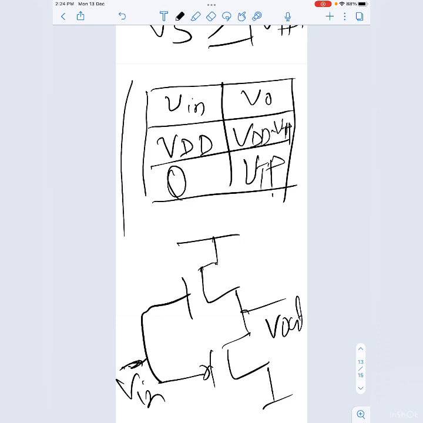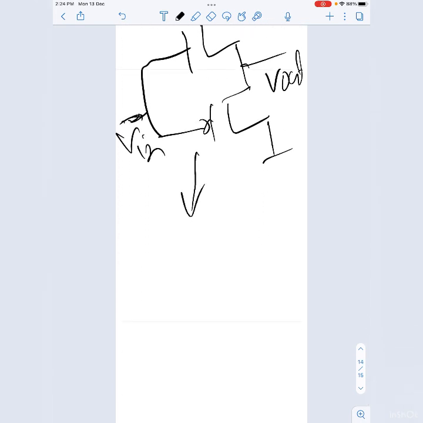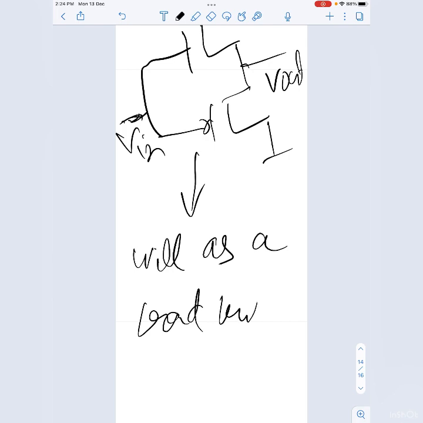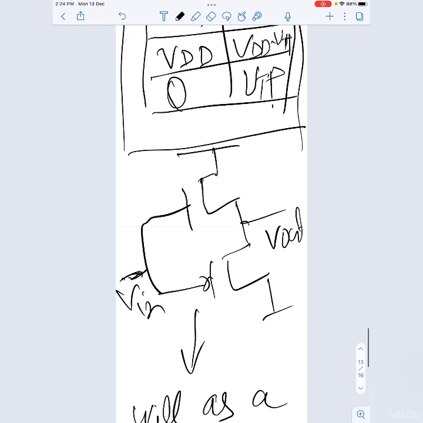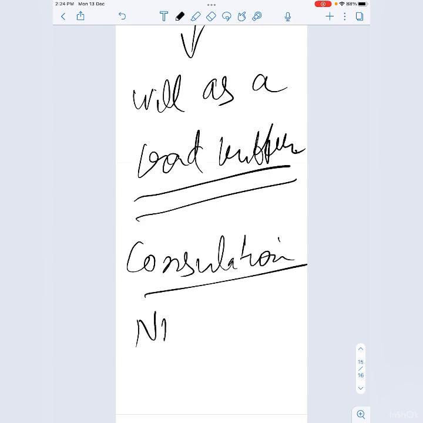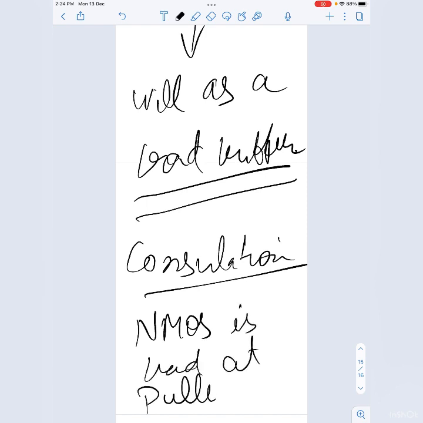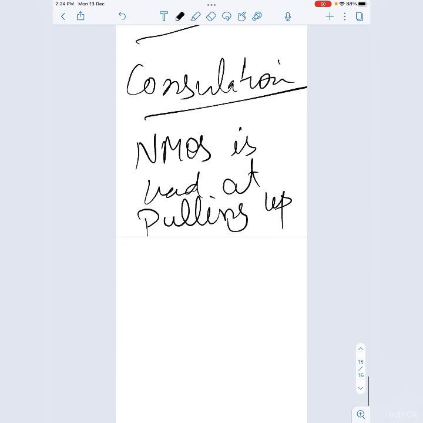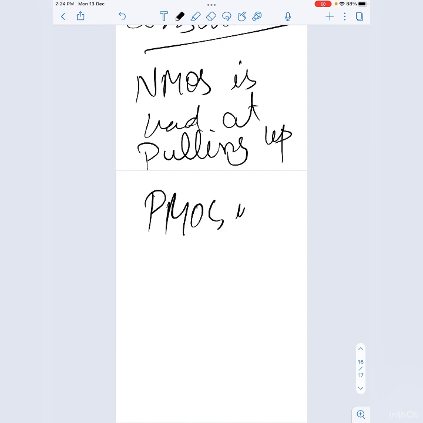So our main observation is that this circuit will act as a bad buffer with improper values. The conclusions we can take are: NMOS is bad at pulling up and PMOS is bad at pulling down.